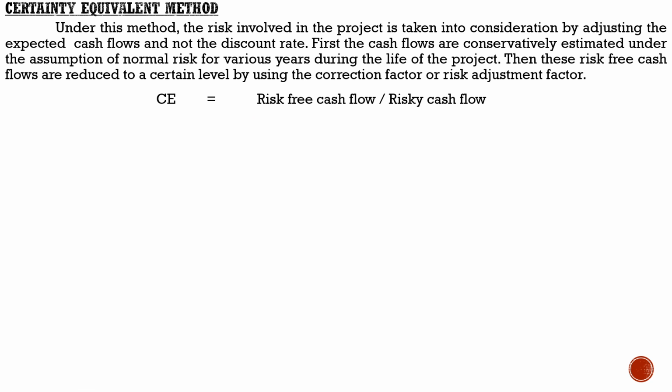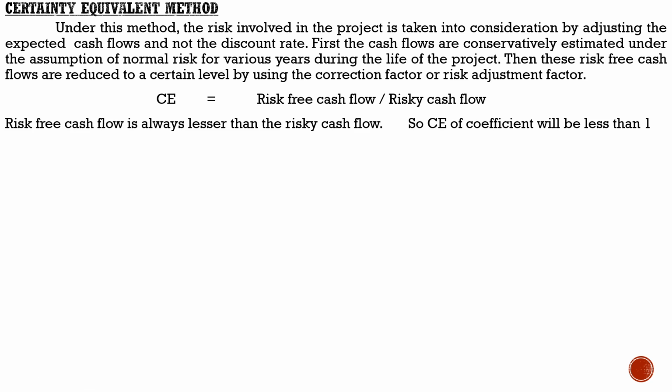You need to identify that. In that case, the risk-free cash flows and risky cash flows will be specifically given. Risk-free cash flow is always less than the risky cash flow, so the coefficient of certainty equivalent will be less than 1. Usually the scale will be 0 to 1. So you will be given certainty equivalent factors ranging from 0 to 1.